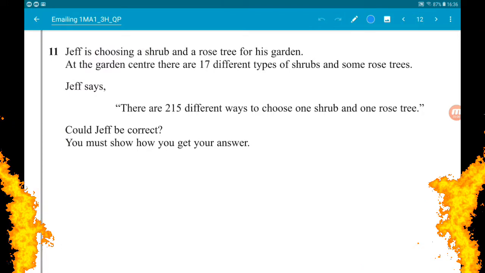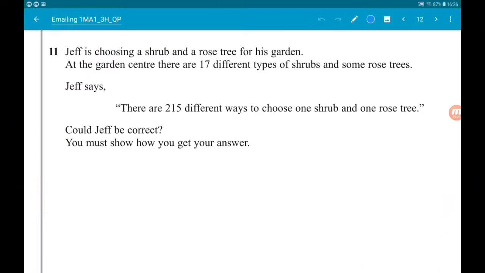Okay, number 11, we have combinations. So Jeff is choosing a shrub and a rose tree for his garden. How nice. At the garden centre there are 17 different types of shrubs and some rose trees. Jeff says there are 215 different ways to choose one shrub and one rose tree.